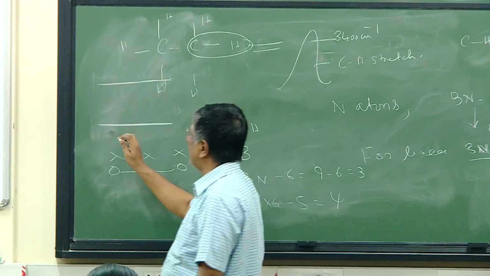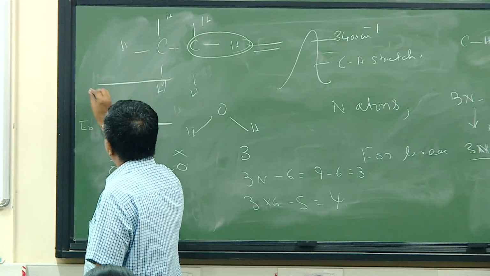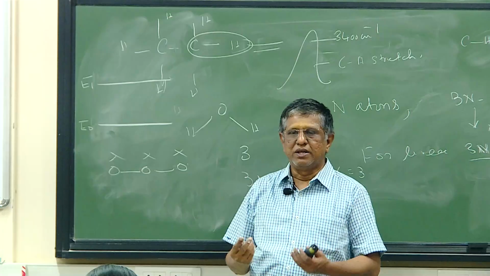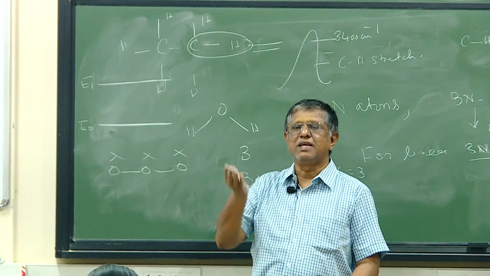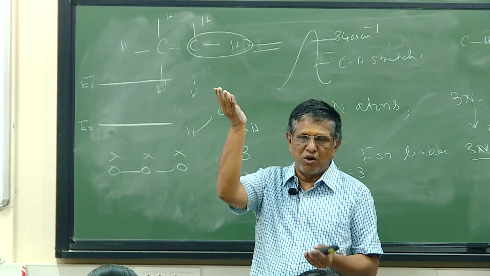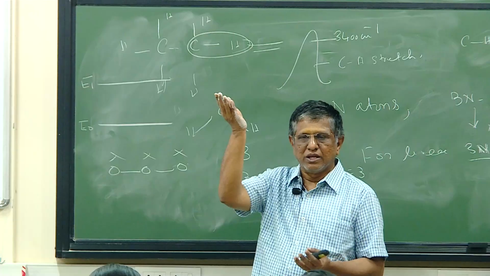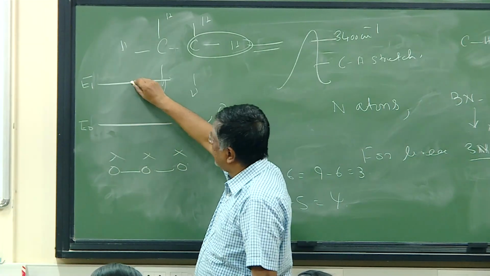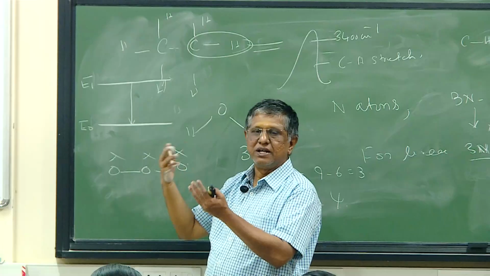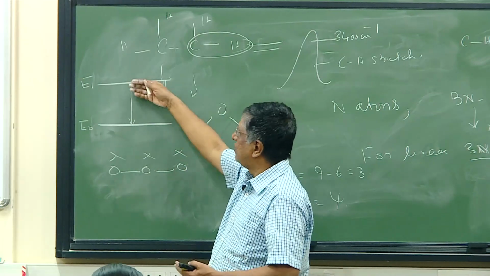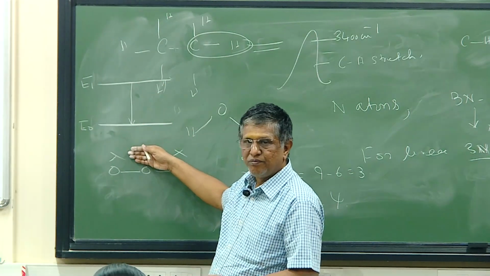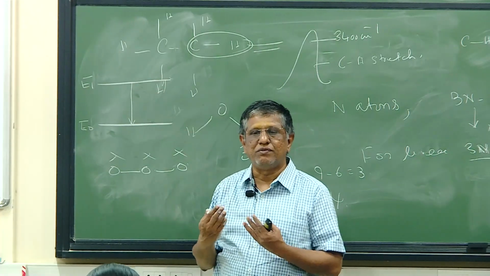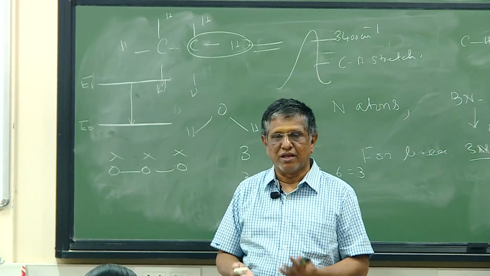From the ground state E0, it will go to E1. But the energy tells you that it won't stay in the excited state. We want molecules to have energy as minimum as possible in the ground state. Therefore, de-excitation takes place and the molecule will come to zero. So this E1 minus E0 is given in the form of electromagnetic radiation, right?